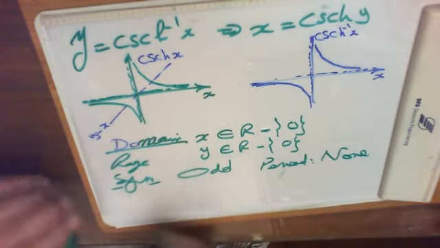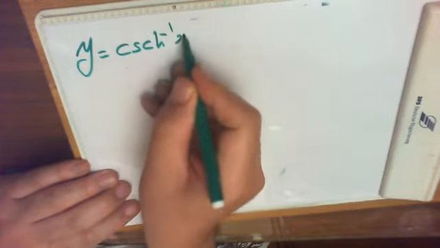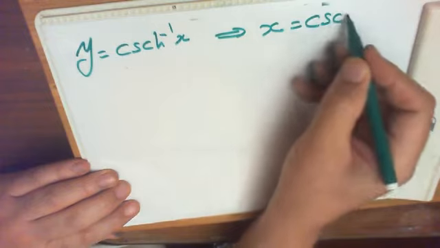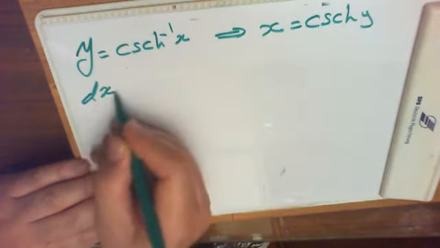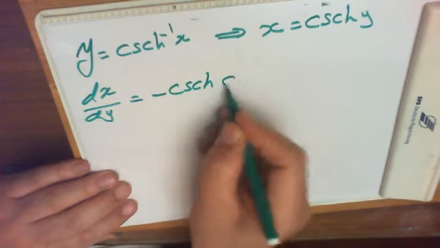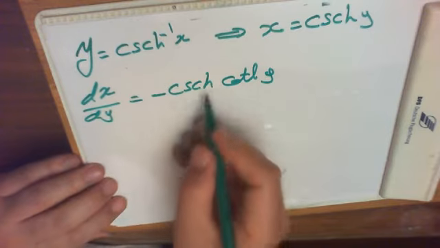What was the derivative? Let us take it separately. y equals cosech minus 1 x, which means x equals cosech y, dx by dy equals minus cosech y coth y. Okay, cosech y is x.